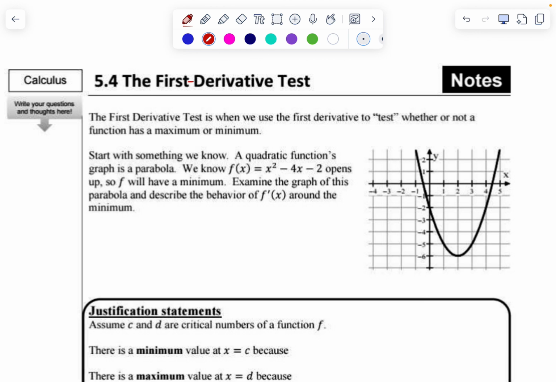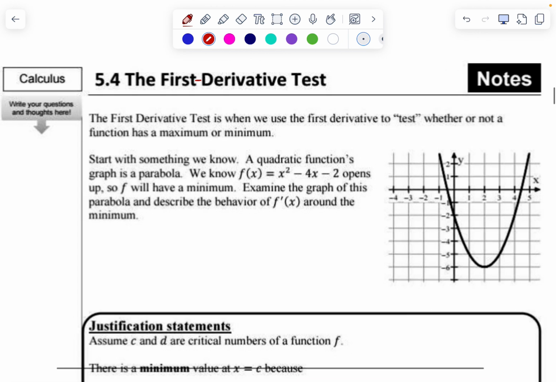So what did we do yesterday with derivatives? Intervals of increasing and decreasing, and critical points. So this is a different question, right? Maybe highlight that we're talking about maximum or minimum. How do we test using a derivative if it's maximum or minimum?